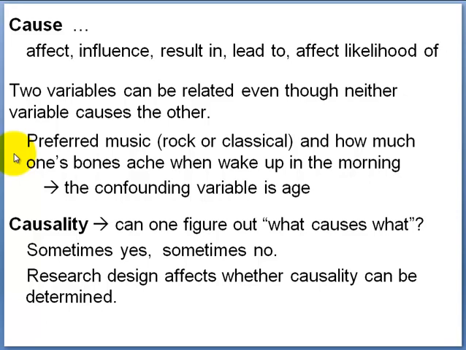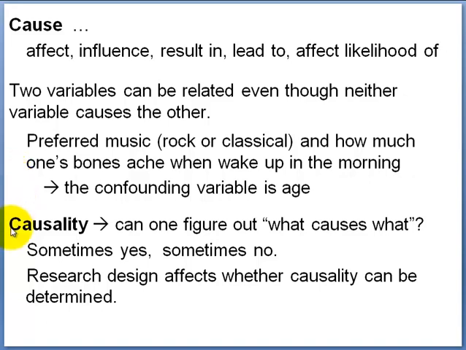The reason is that people who prefer classical music tend to be older than those who prefer rock. And it's the fact of being older that's leading to the greater aches and pains, not the classical music. So here we've got the confounding variable age bringing about this relationship between preferred music and aching bones in the morning.